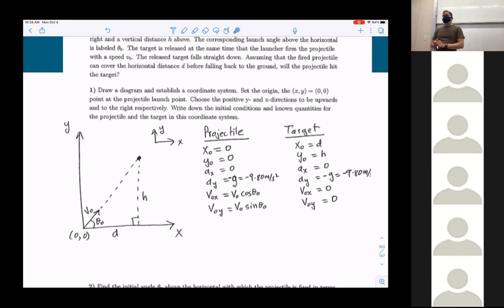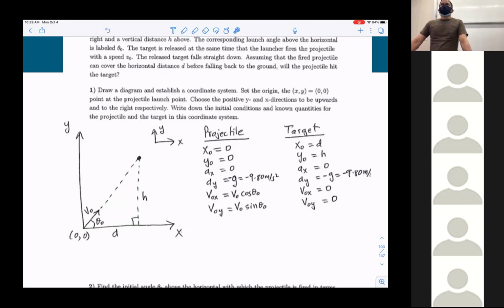The question we're asking is that when the projectile crosses this particular location, that is when the projectile is at x equaling d, we want to know what is the height of this projectile at x equaling d. And at that same moment, we want to know what is the height of the target. Right.